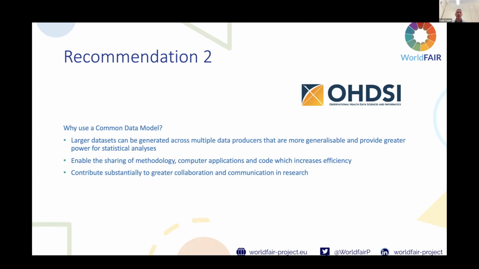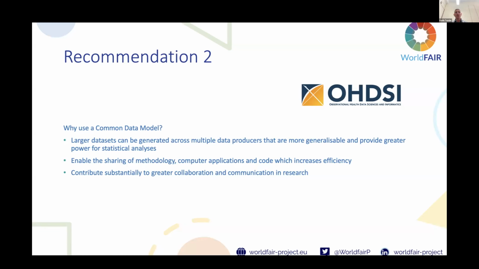So that's the first advantage, if you like. We wanted to be able to share methodology and computer applications and code because of the inherent efficiency of doing that. And it's also clear that working with common data models substantially increases the collaboration and communication that takes place within research. Those barriers presented by people operating in different ways are eliminated at quite an early stage if people are working within a common model.